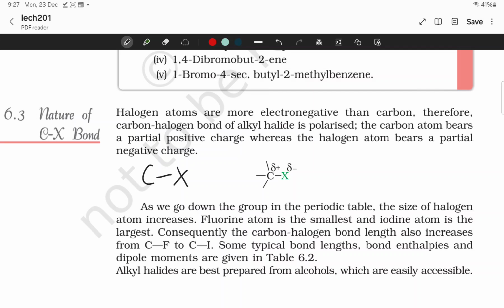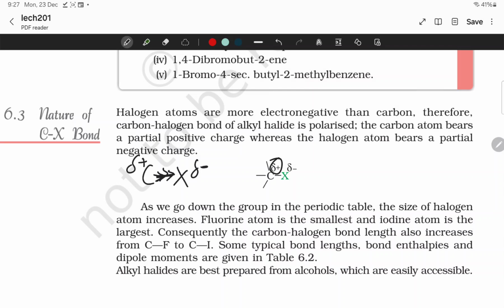Halogen is the most electronegative atom that exists in the universe. So halogen will pull the electron shared in the covalent bond towards itself, gaining a negative charge. Not a total negative, a partial negative charge. If a halogen gets a partial negative charge, for sure carbon will get a partial positive charge.